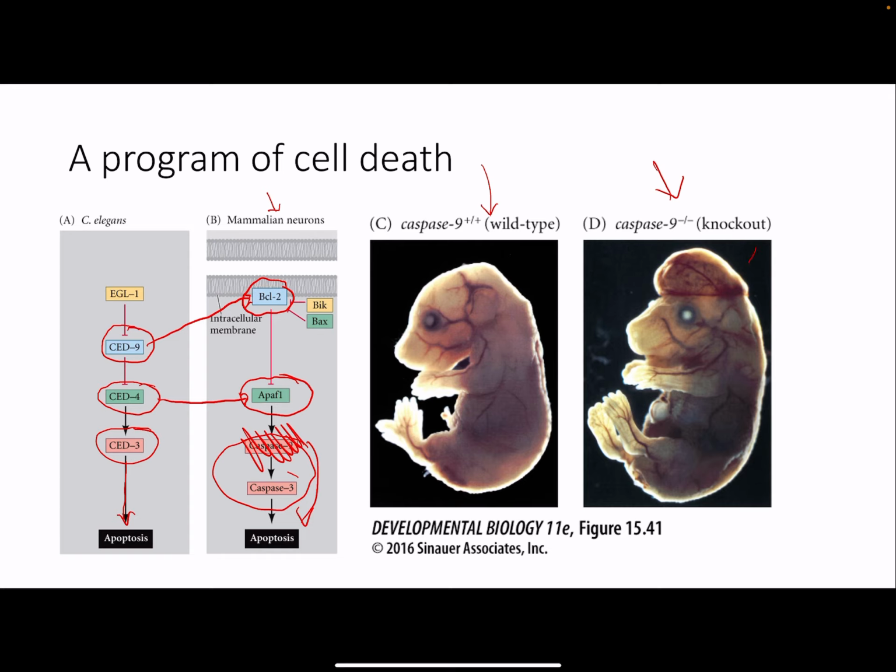We see that we have this enlarged brain. The vasculature is a lot more complex here. We have way more vasculature than we need, and this ultimately leads to developmental defects. So we actually need this cell death as an important part of this overall process.